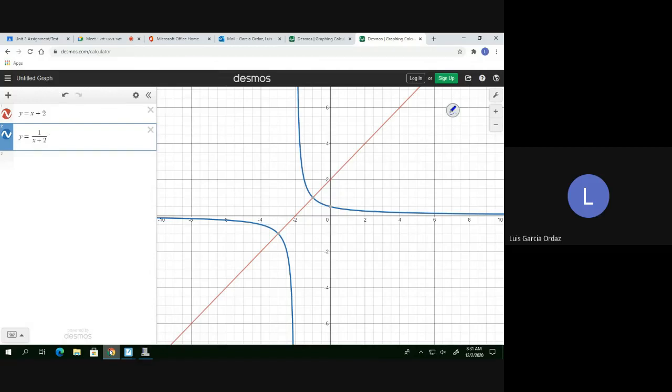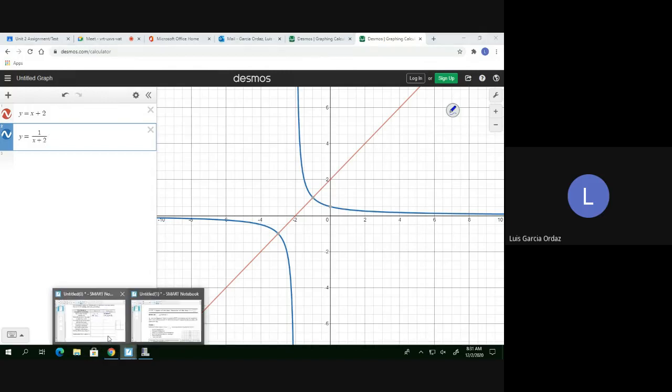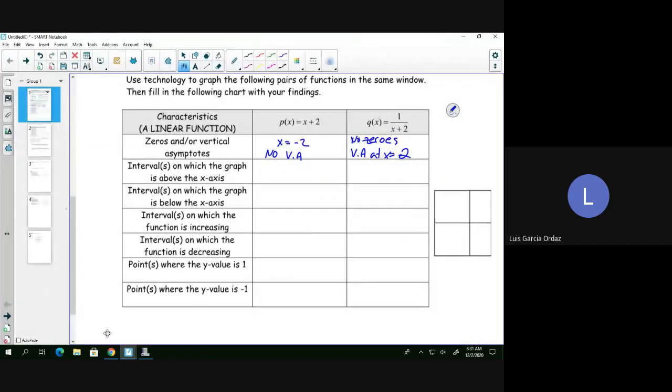Where is it above the x-axis? From negative 2 all the way to positive infinity, because it keeps getting closer to 0, but it's still above the x-axis. So it's when x is greater than negative 2, from negative 2 all the way to positive infinity.